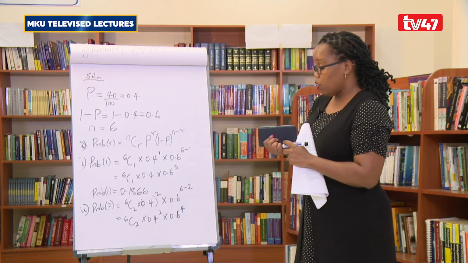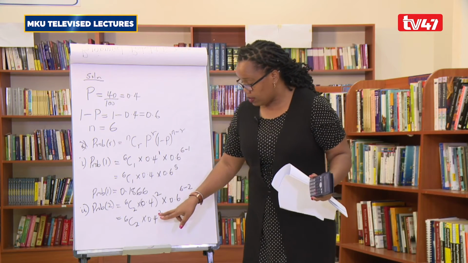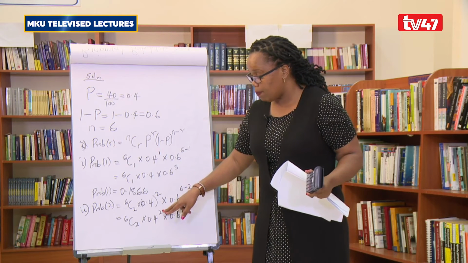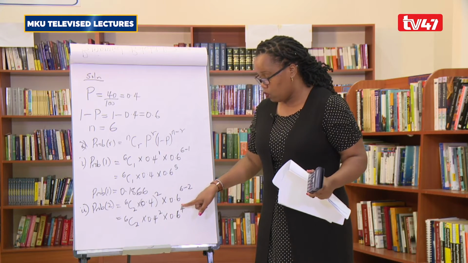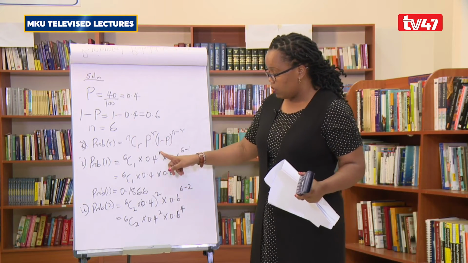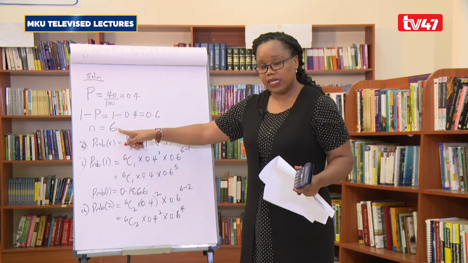Let me just bring you up to speed with something that you should note. If you look at the powers of success and failure, they should always add up to the sample size. So in this case, we have 2 plus 4, which gives us the sample size 6. In the first instance, we had raised to power 1, so 1 plus 5, which still gives us 6.